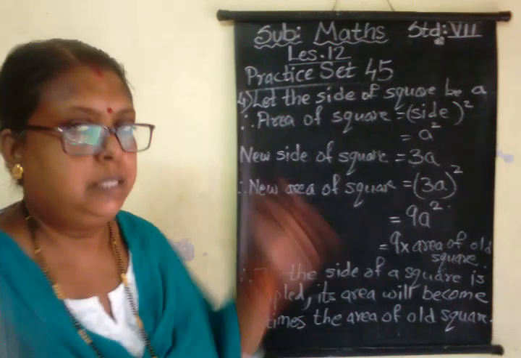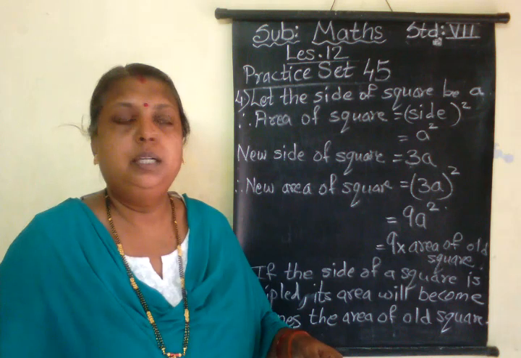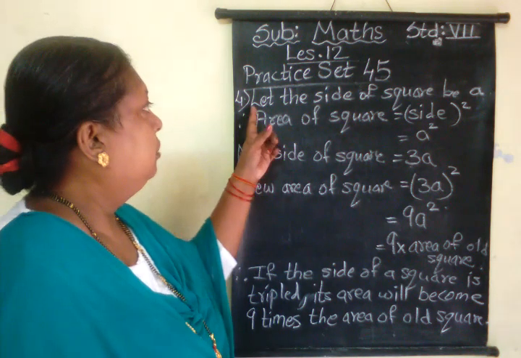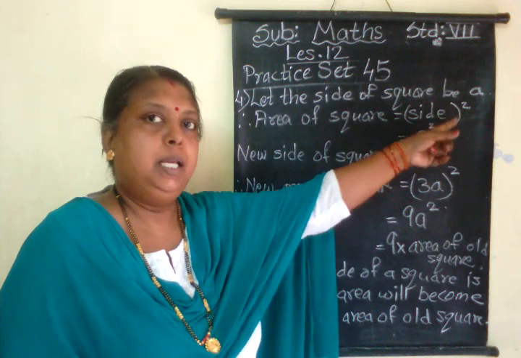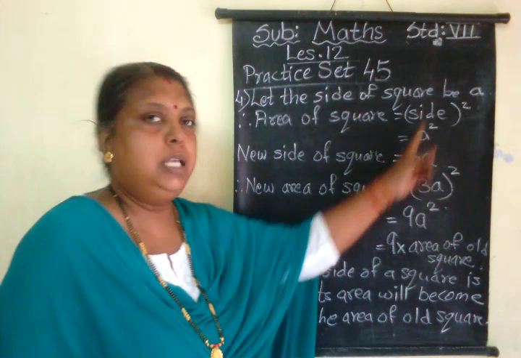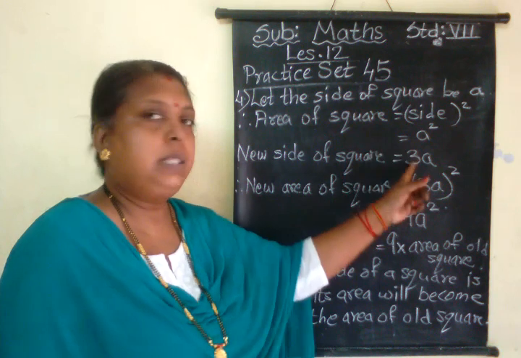Okay children, see here. Once I'll explain and then we will conclude with the lecture. First one, let the side of the old square be A. Then area becomes A square. Okay. Then side of new square is 3A.